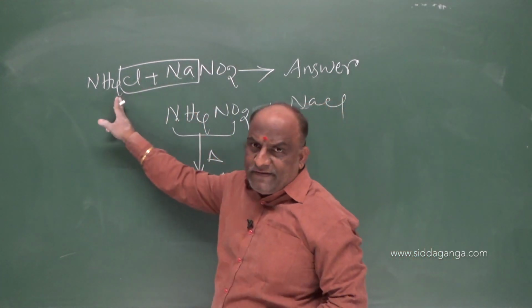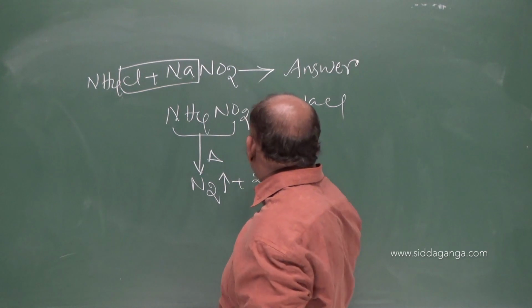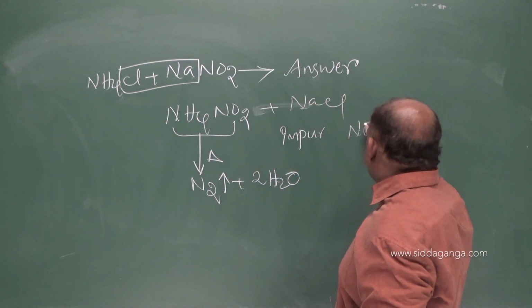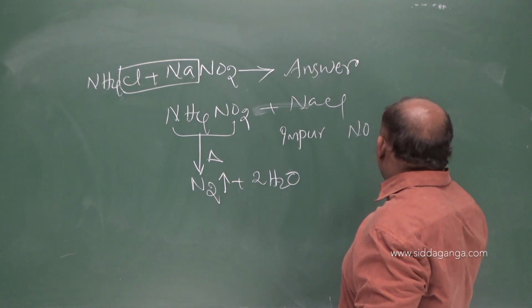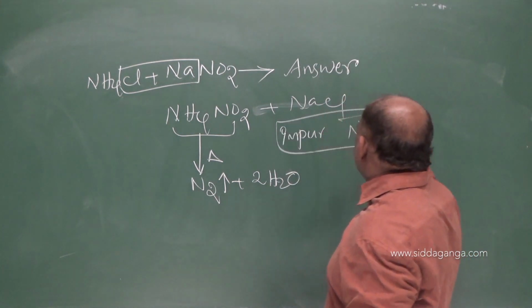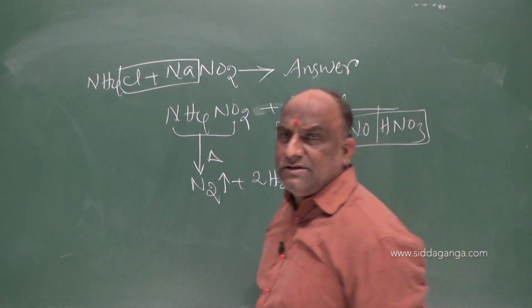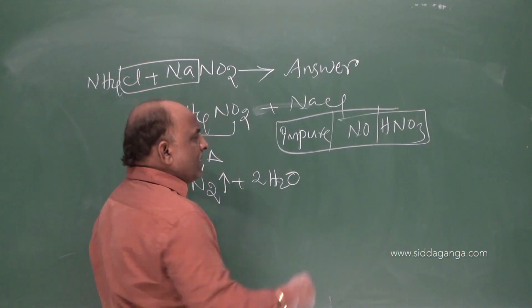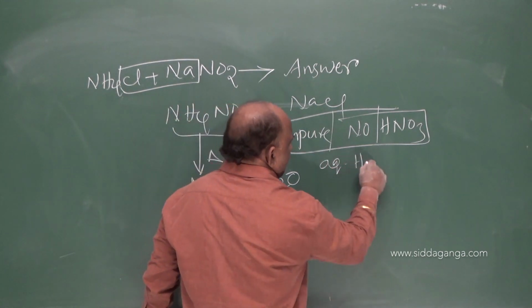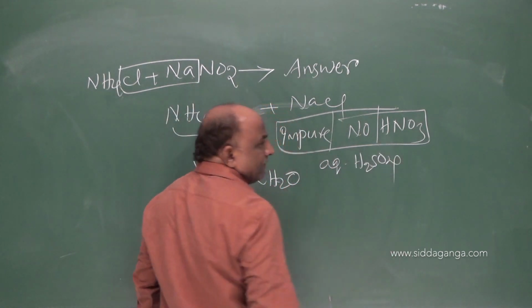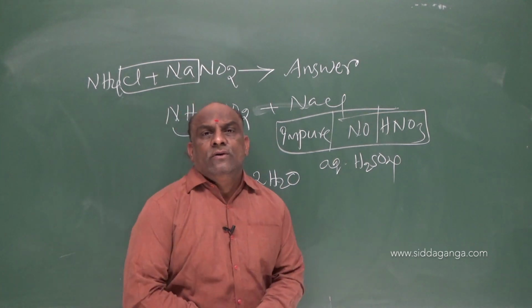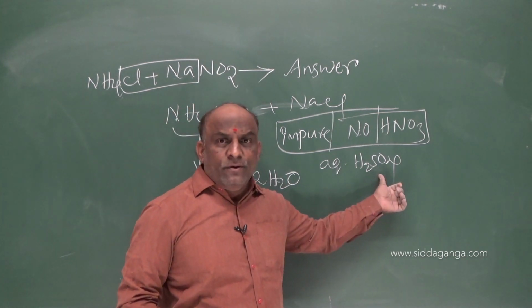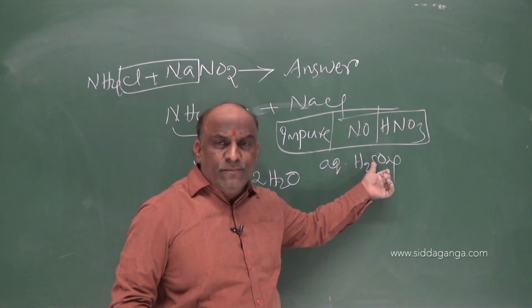In this process some impurities are found, namely NO and HNO3, nitric oxide and nitric acid. These impurities can be removed by passing the products through aqueous sulfuric acid in the presence of sodium dichromate or potassium dichromate. Make a note of this, it is very important.